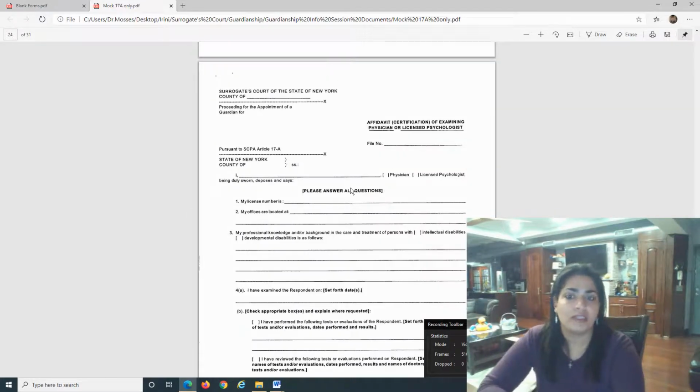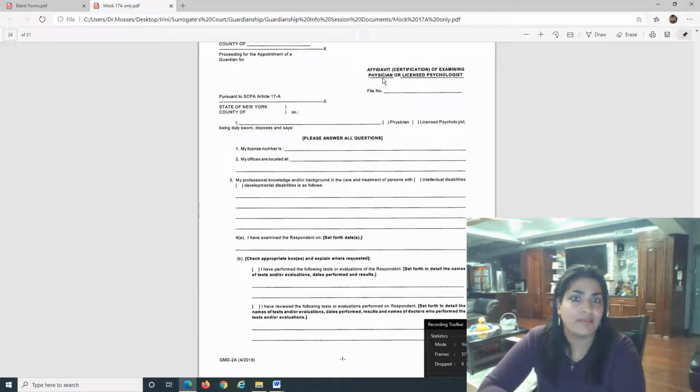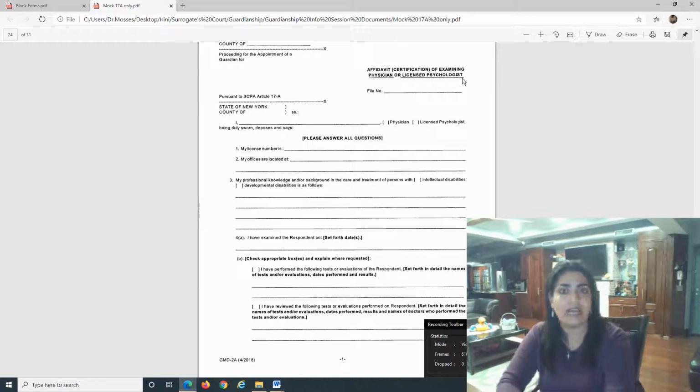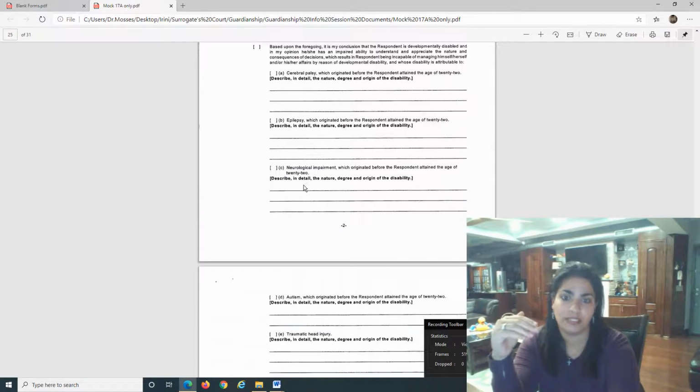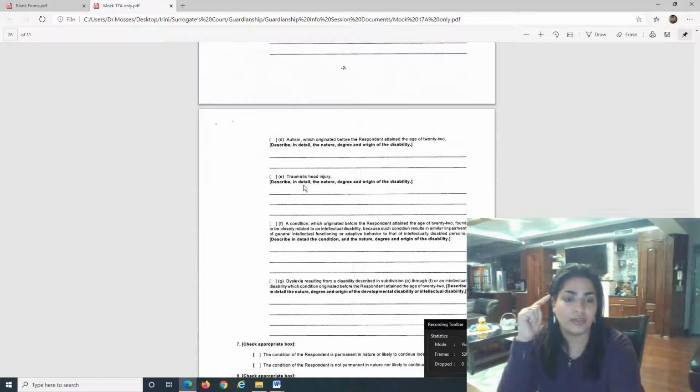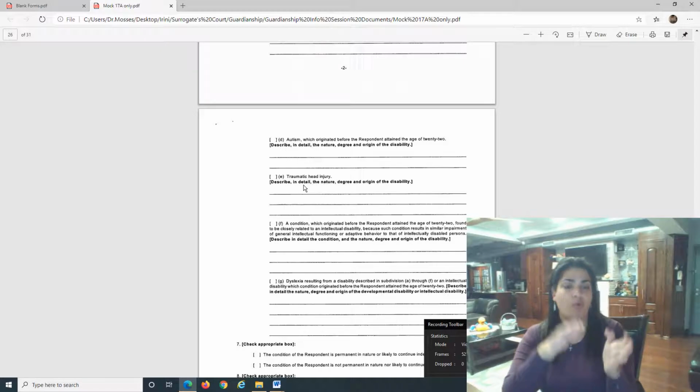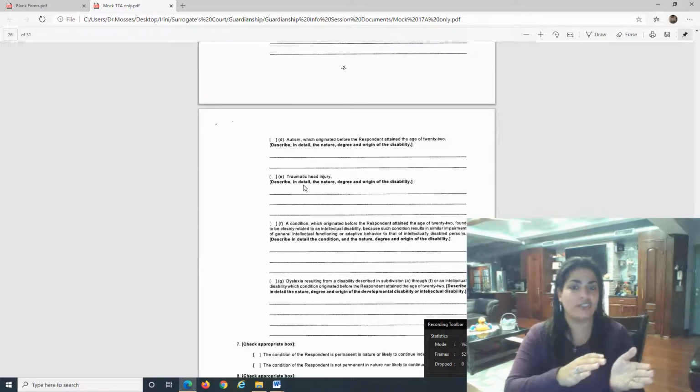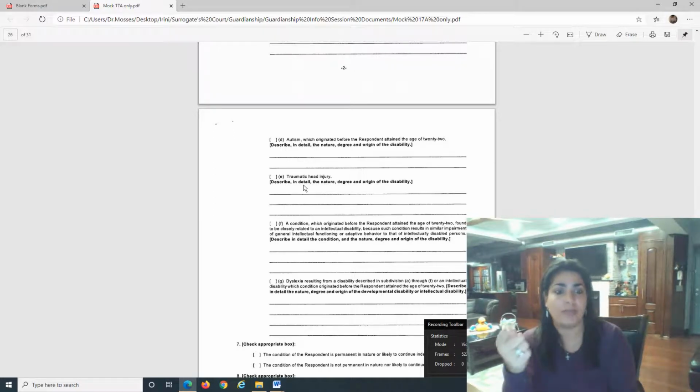The next one is essentially the same, but this is now for the licensed psychologist. So if you have an MD filling it out, that's fine, or the second person, the psychologist, can fill this one out because it allows them to. Same thing as before, everything has to be completed in detail. What is great usually about the psychologist reports is that they have reports and other documentation that they usually provide along with this.